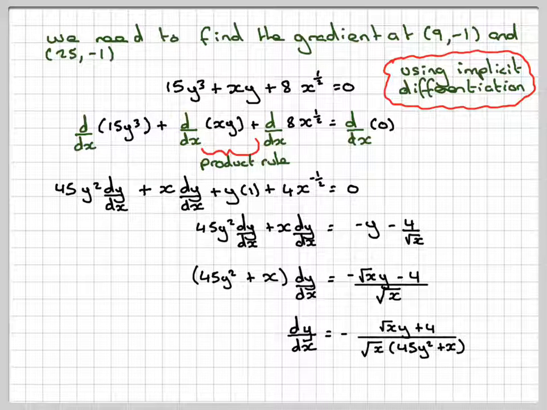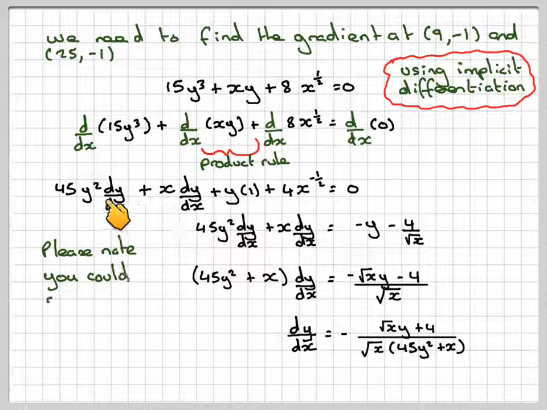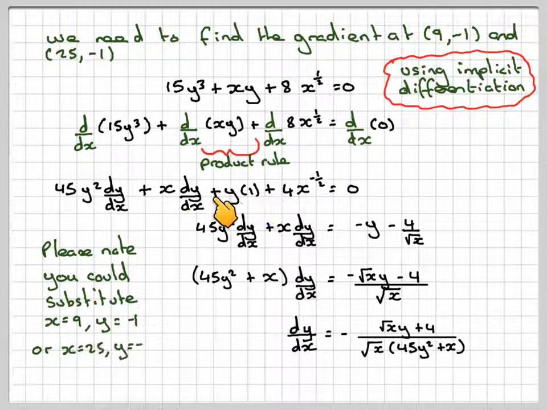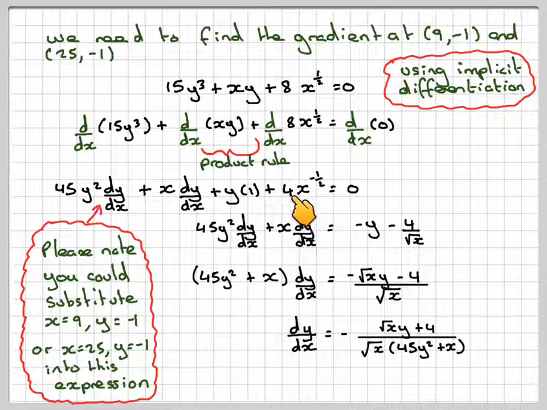Right, we've now got our values, so we can now substitute in. However, it might be easier in this case to substitute in the first form the values of x is equal to 9, y is equal to minus 1, or 25, minus 1. It might be easier to deal with. But in a question, you might be asked to rearrange to define dy by dx. So this is why I've included both.